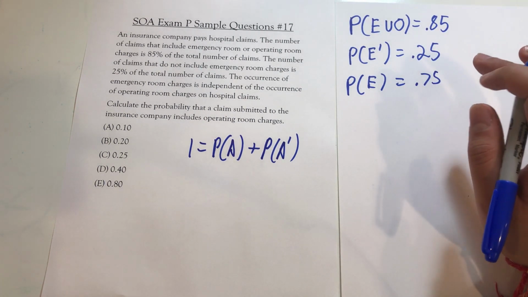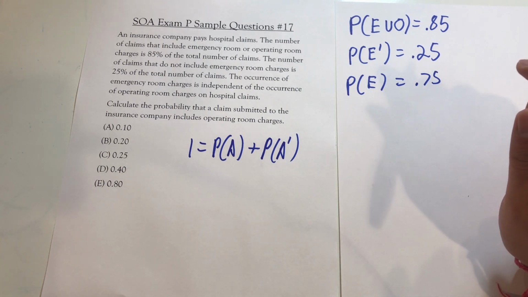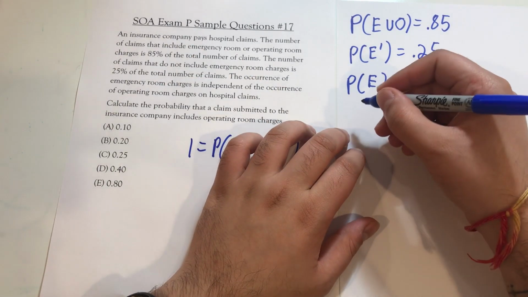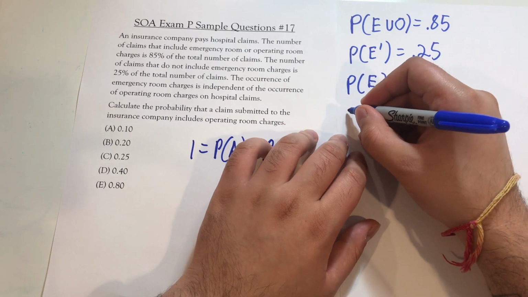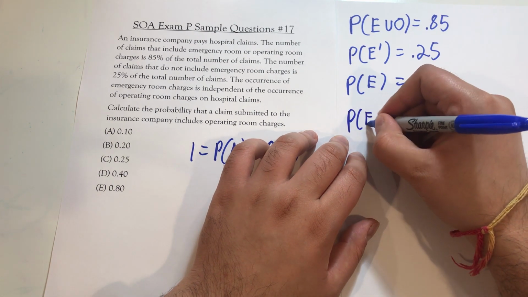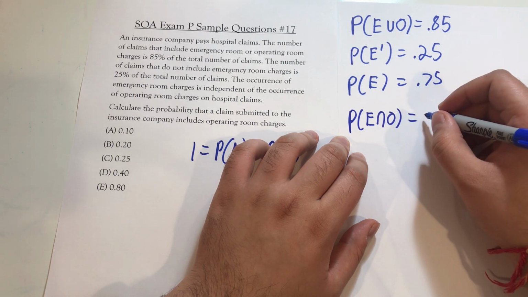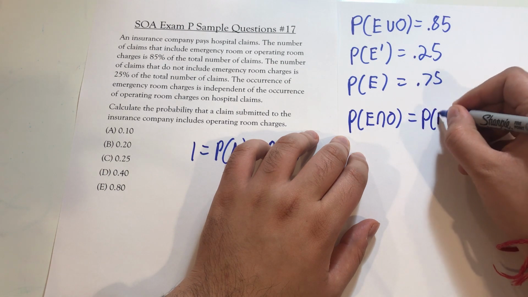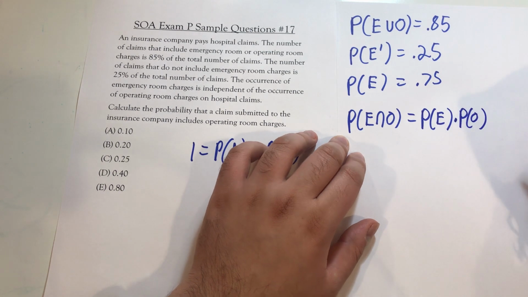Next, the occurrence of emergency room charges is independent of the occurrence of operating room charges on hospital claims. Now that's super important. When two events are independent, I know that a particular equivalence will occur. The probability of emergency room and operating room charges is equal to the probability of emergency room times the probability of operating room charges.